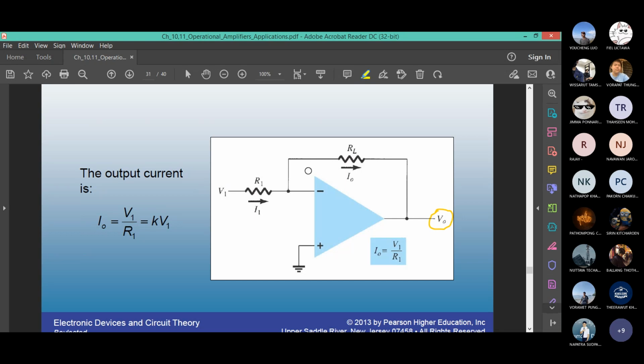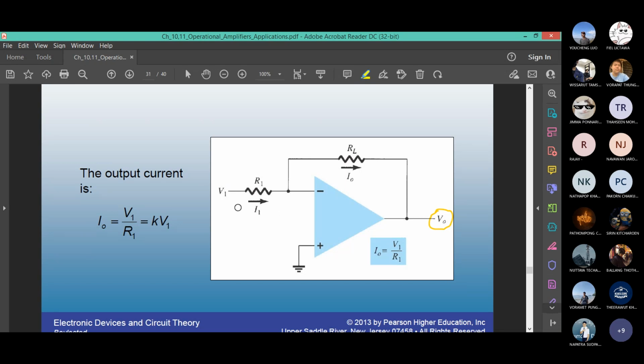Sometimes you don't want to calculate the voltage, you just want to calculate the output current, because you need a specific amount of current for the circuit.